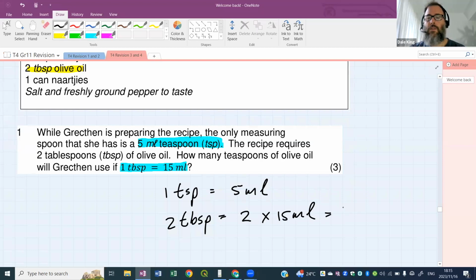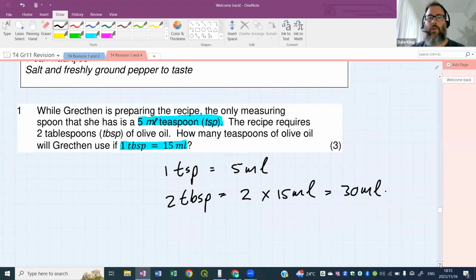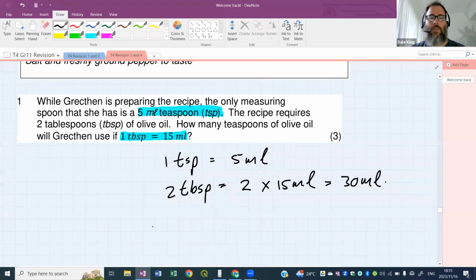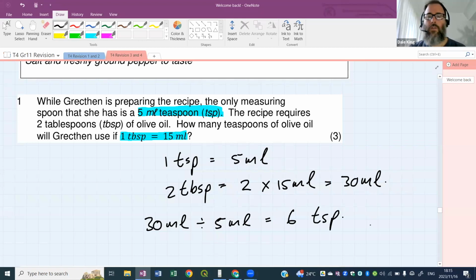That gives us 30 milliliters. So all we have to do now is see how many teaspoons are in there. We're going to take our 30 milliliters and divide by 5 because each 5 is a teaspoon. And we see we have 6. So 6 teaspoons will get us the olive oil that we need.